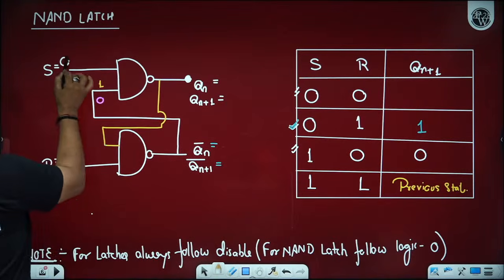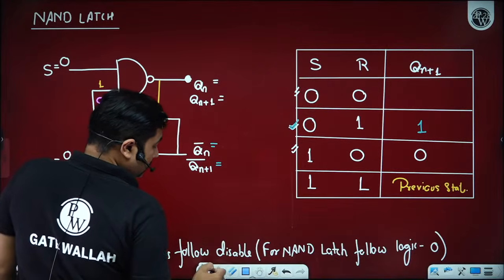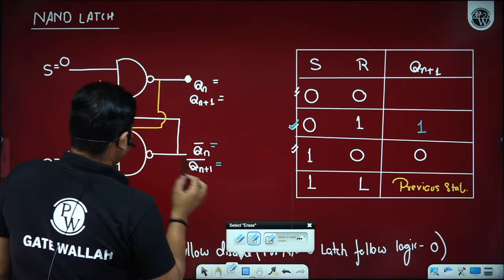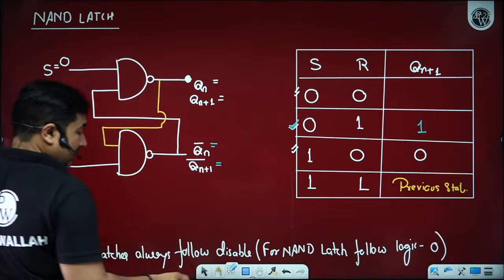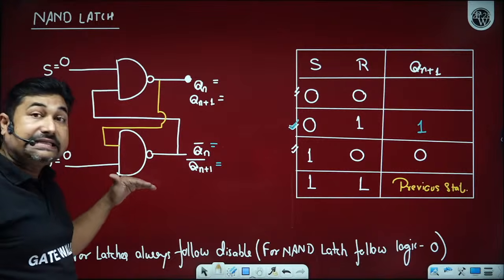If input S is 0 and R is 0, then both the gates get disabled.